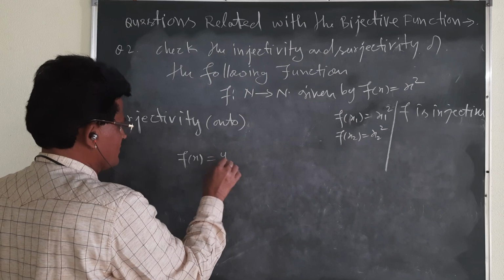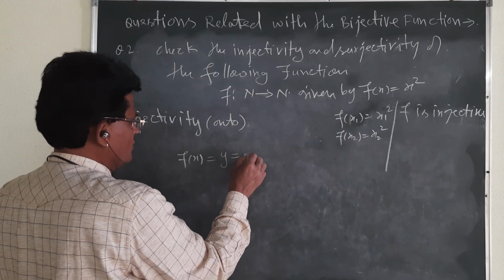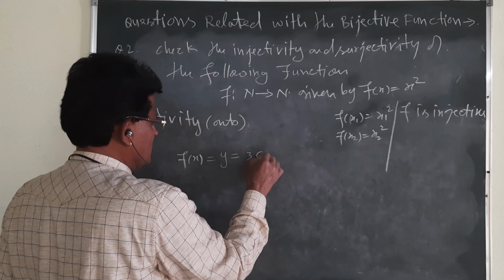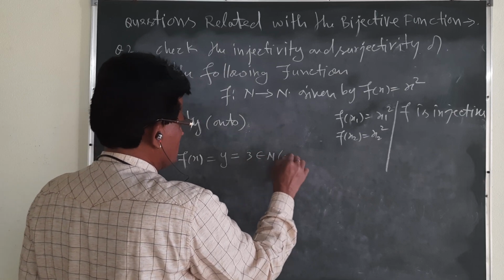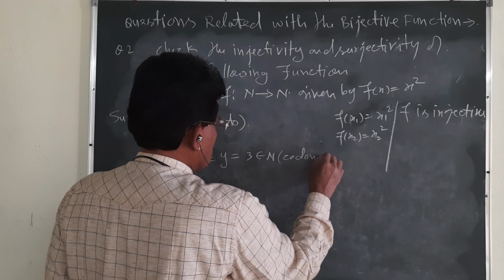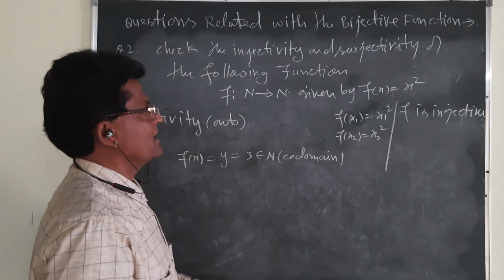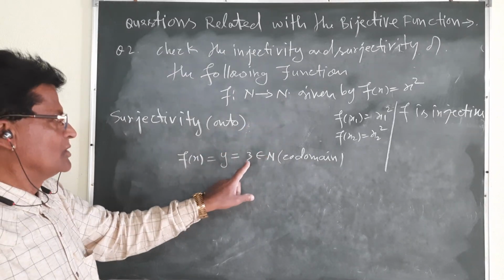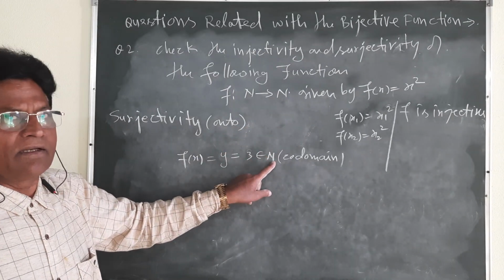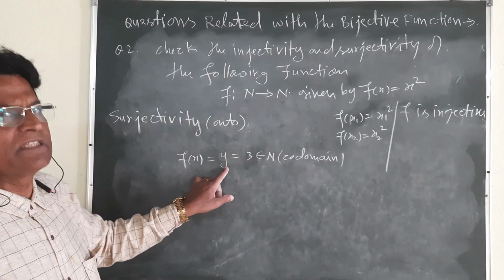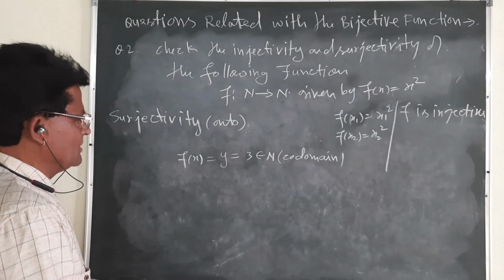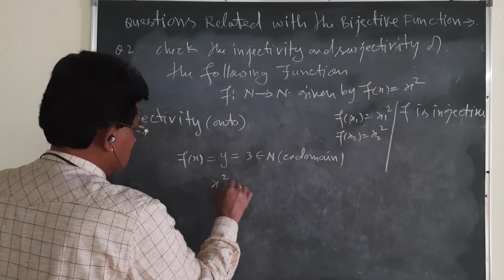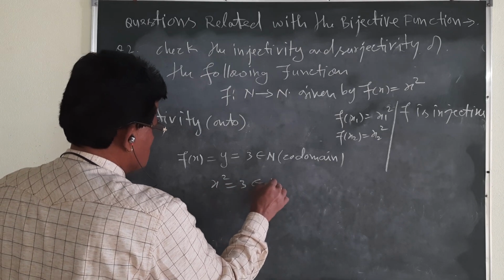Let me take this y, and y will be equal to, suppose you take 3, belongs to N, the codomain N. I am taking now the element in the codomain, because that is a natural number. 3 is also a natural number, belongs to N, and it is equal to f(x), f(x) means y. In place of f(x), you write its value x square. x square is equal to 3.